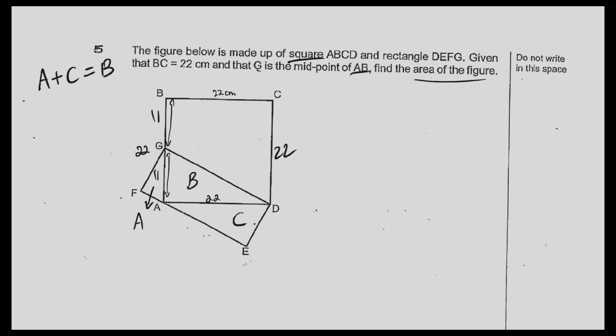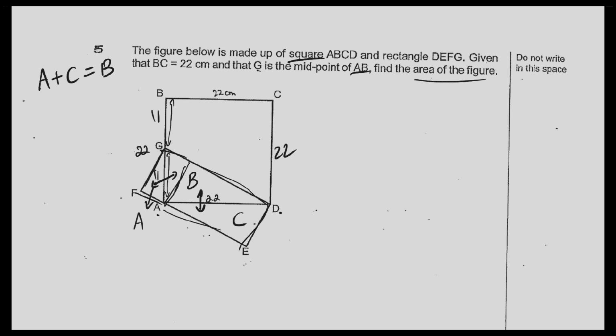Because ultimately you still need some sort of proof when you write down your workings. We see that if we draw a straight line here, this area is equivalent to this area, and this area is equivalent to this area, because AD bisects this rectangle and line AG bisects this rectangle.